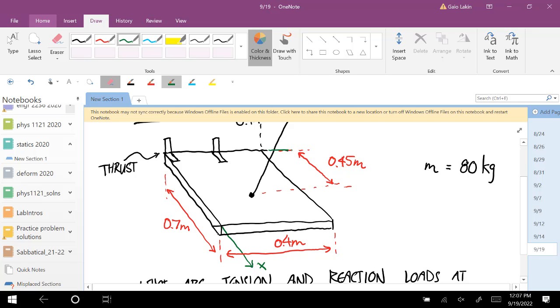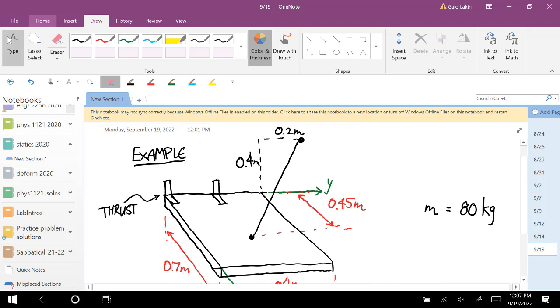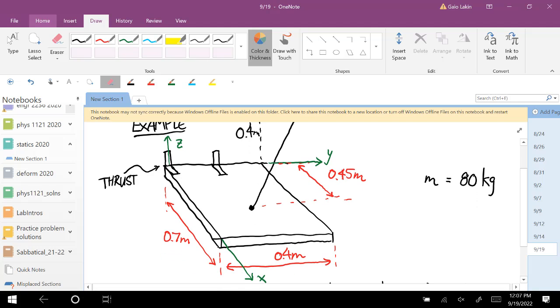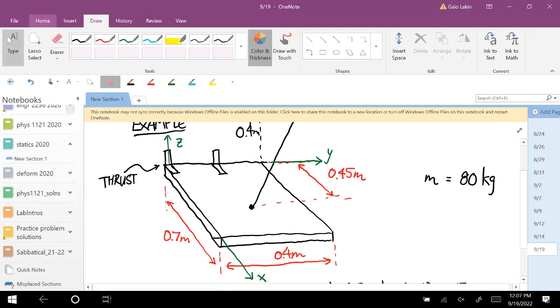The y-axis goes this way. And the z-axis goes up. Check to make sure that those all satisfy the right-hand rule. It does. And so the origin is in that back left corner.